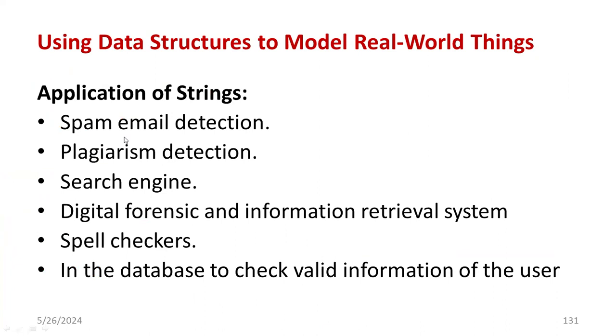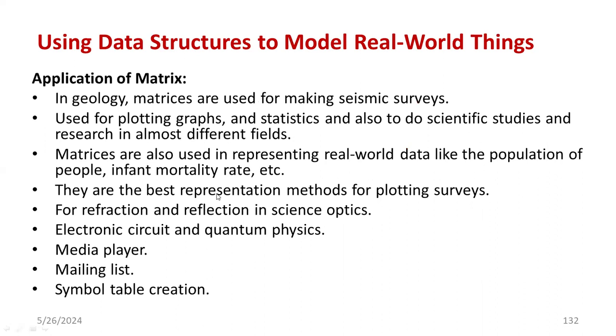For example, spam detection in email, plagiarism checker, search engine, digital forensics and information retrieval systems, and spell checker are all examples of these data structures. Matrices are another data structure with applications in geology, mainly for plotting surveys, and in reflection science, optics, electronic circuits and quantum physics, then media players and mailing lists. These are the various applications. You can remember them.